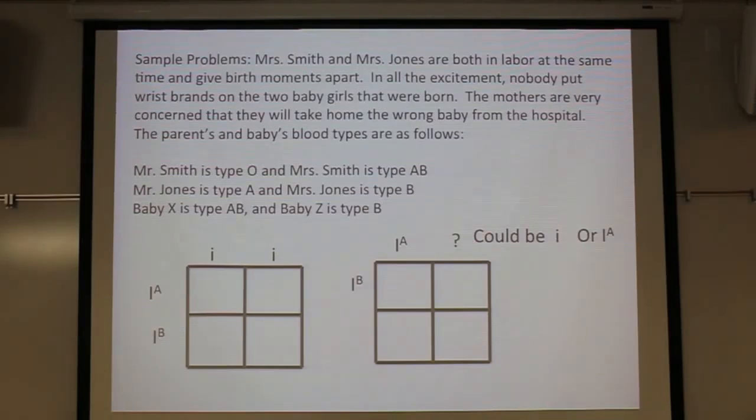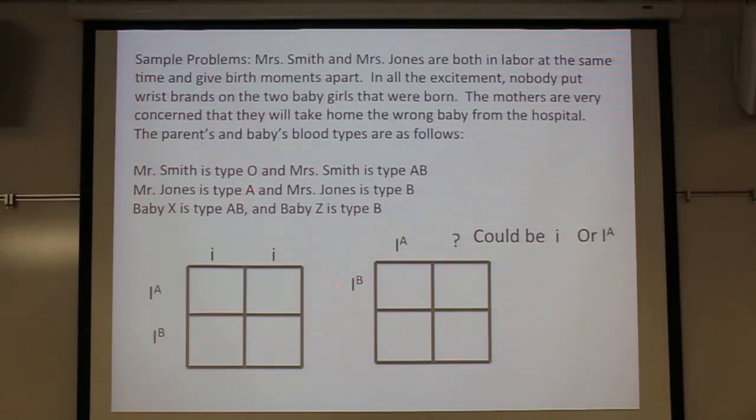And the reason for that is, remember that A is dominant over O. So if they give you the phenotype and tell you it's blood type A, the problem is to figure out the genotype. You don't know what that other allele is going to be, because it could be a little i, which represents the O allele, or it could be IA, just like this one.